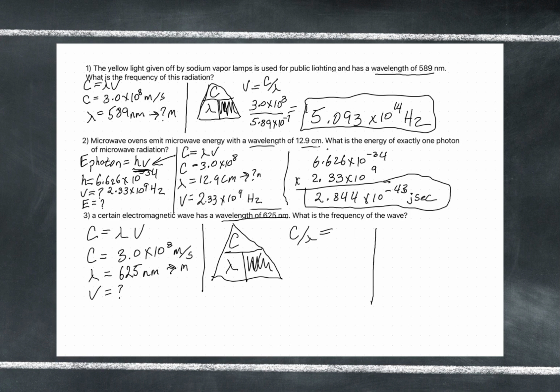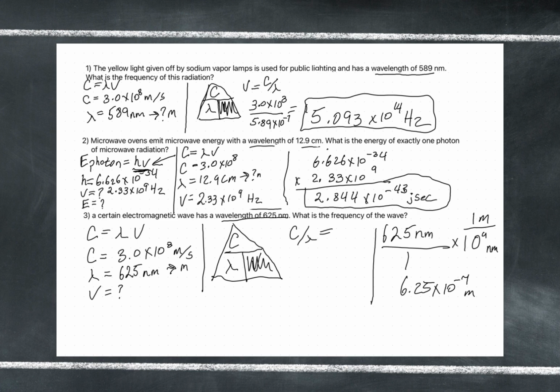So our first step is going to be taking our 625 nanometers and converting it to meters. Okay, so we get a wavelength of 6.25 times 10 to the negative 7th meters.